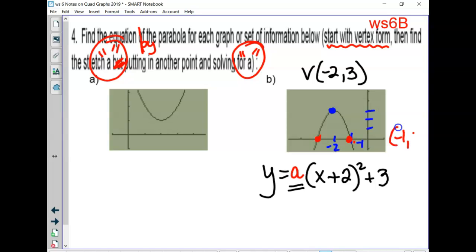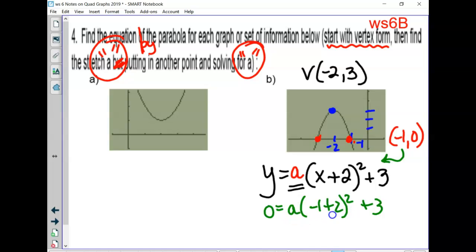Yeah, -1, 0. I do that all the time, and it'll mess you up. Okay, so this time I'm going to put in this point that I know is on the parabola, and I'm going to solve for A. So y is 0 when x is -1. This method of finding the stretch, we are going to use continually the rest of the year.